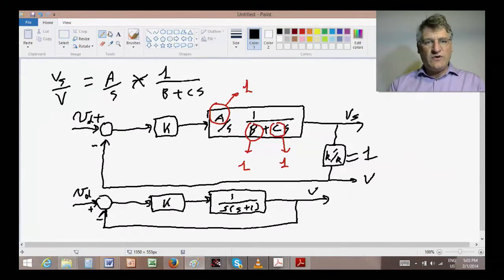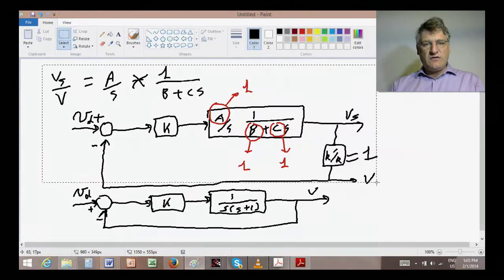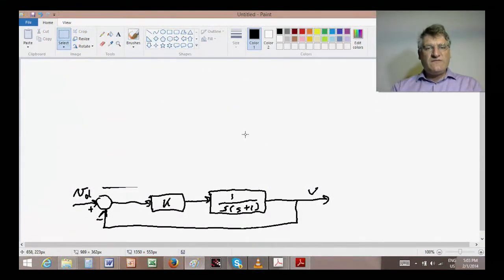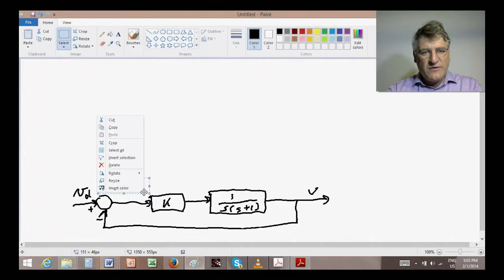We're going to keep it that way. I remove this, and I ask what I can obtain in terms of response for that system.